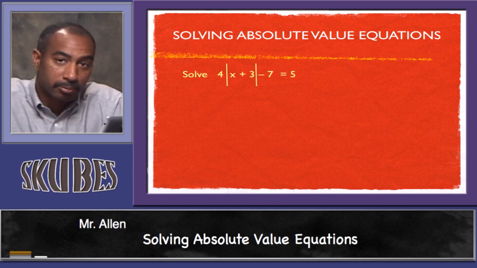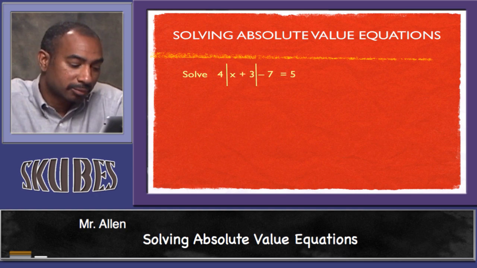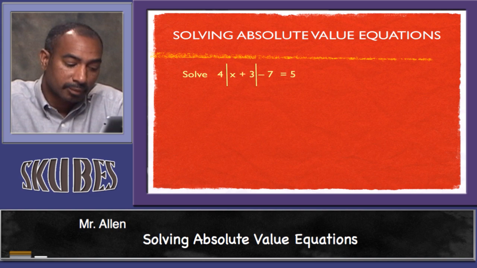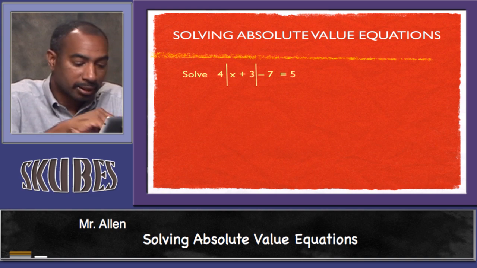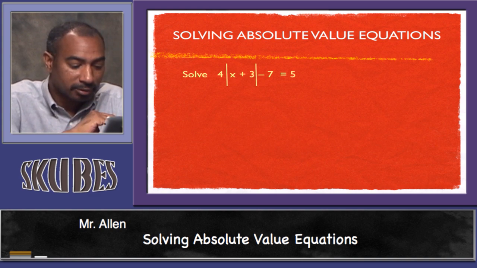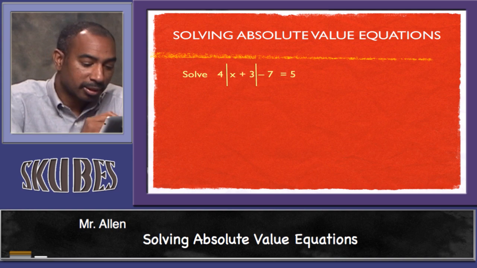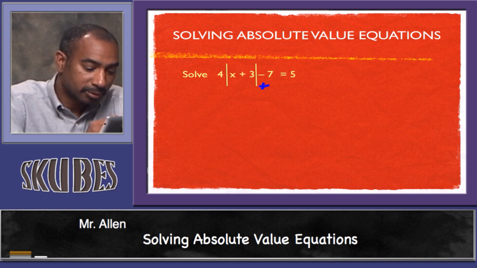All right, sometimes you get more complex problems like this: 4 times the absolute value of x plus 3, minus 7, equals 5. What you want to do is get the absolute value by itself. So the first thing I would do is get rid of the 7. You have a 7 subtracted, so I can add 7 to both sides.